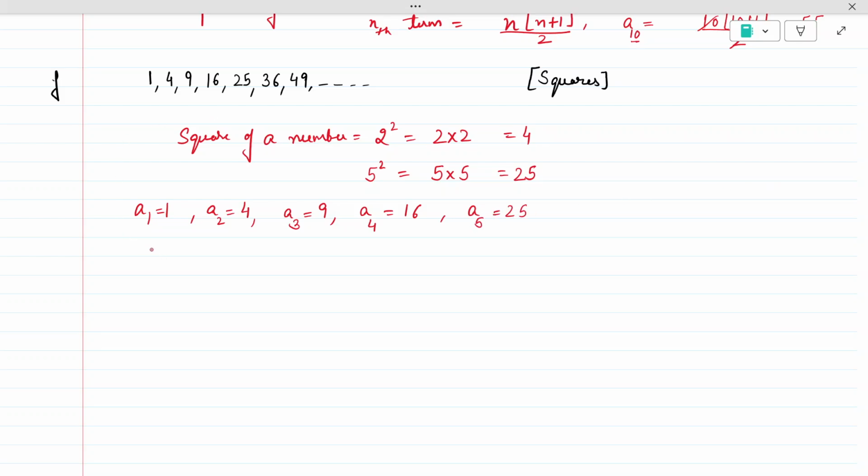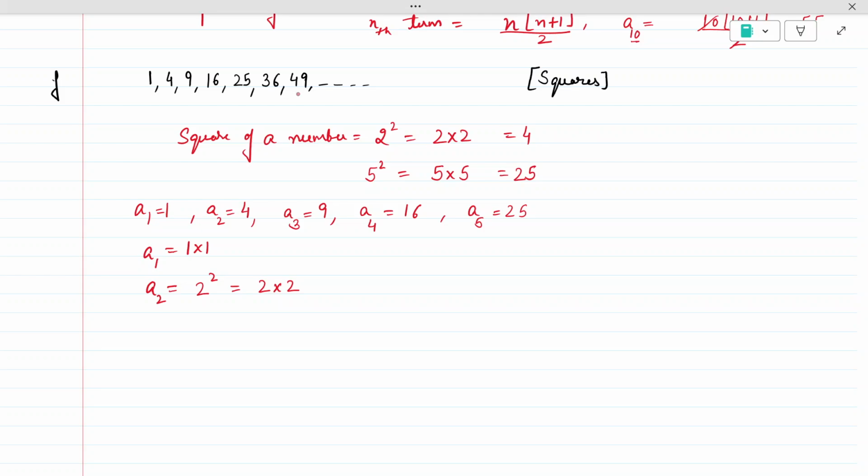If we see these numbers closely, we can see easily that the first number, 1, can be taken as the square of 1. You can say A1 is 1, the square of 1. Similarly, at the second position it is 4. This is the square of 2, that is 2 multiplied by 2. That's how we get 4 here.